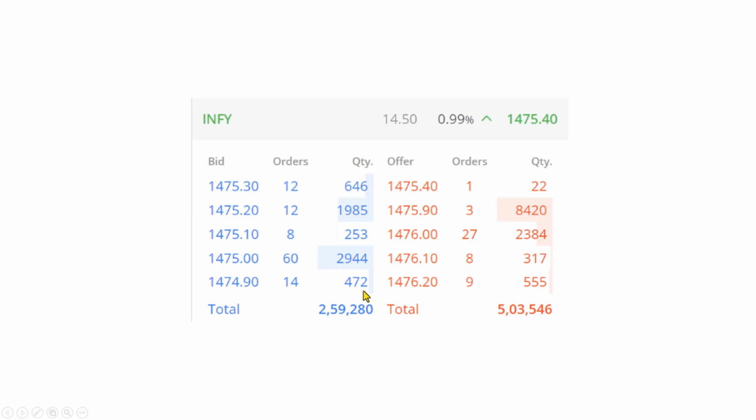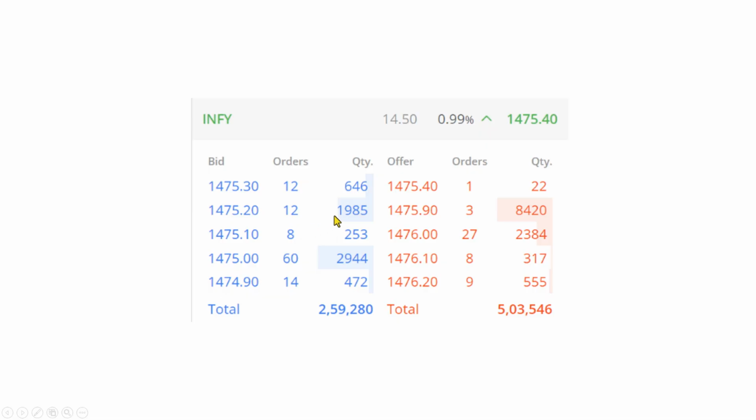For example, at 1475 rupees, there are 60 buy orders totaling 2944 shares. So bid price tells us the price the buyers are willing to pay. The orders tells us how many people are offering to buy at that same price.